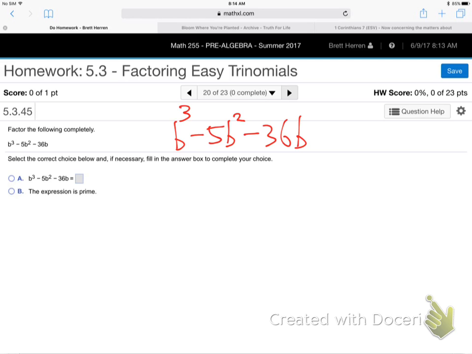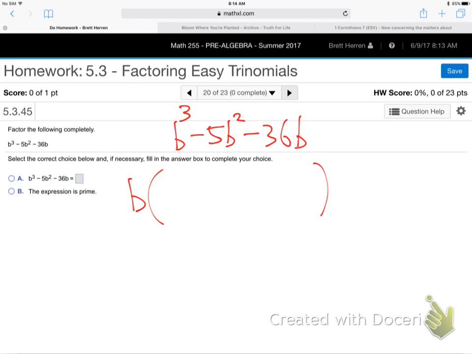So first do what we did yesterday. One big parenthesis, take out what's in common. So one big parenthesis. What goes in the front? B. Just a B, huh? They all have B. There's no number they all have, but they all have B, huh?